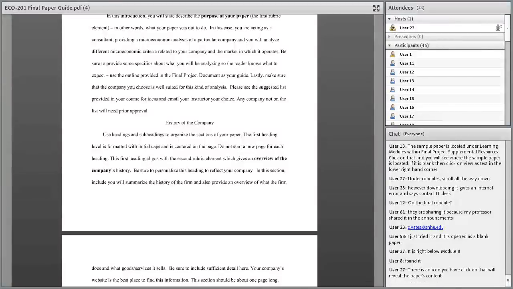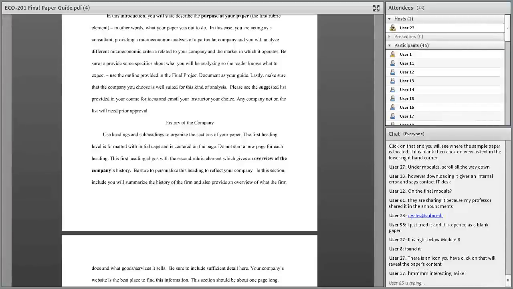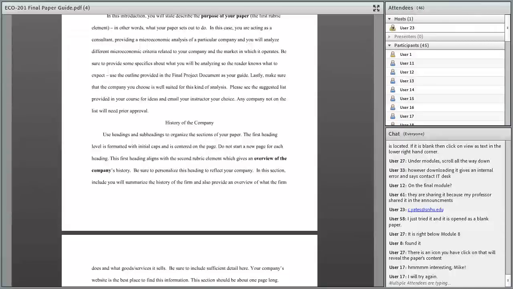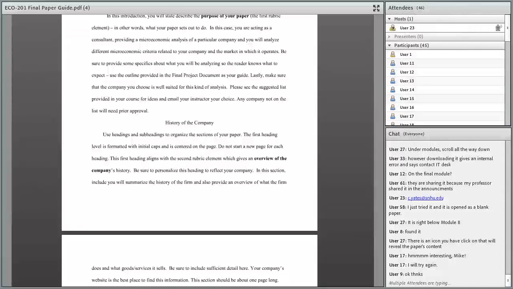Then Christina is also going to make sure that the sample paper in the classes is updated, so it's not a blank paper anymore. So if you save my email address, I can also help you that way.